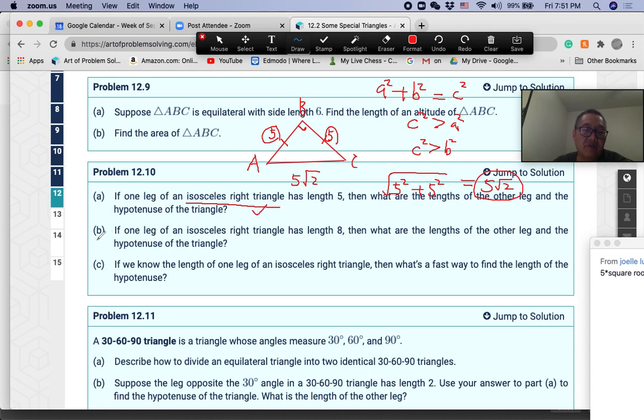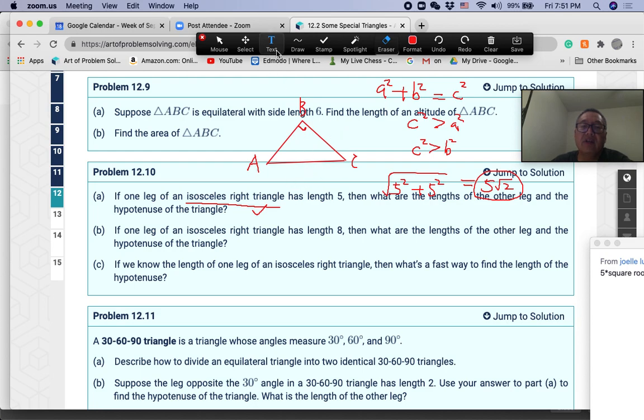Now let's see B. If one leg of an isosceles right triangle has length 8, then what are the lengths of the other leg and the hypotenuse of the triangle? So now they changed the 5 to 8.